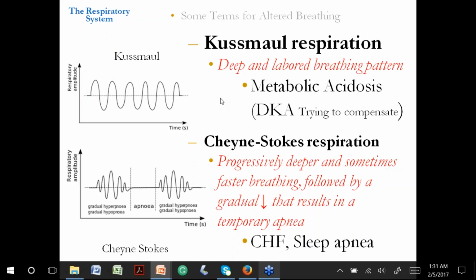Metabolic acidosis. Okay, so with metabolic acidosis, you are trying to sweep out all the carbon dioxide to compensate. If you remember, I will tell you, when you have more carbon dioxide in blood, you have more hydrogens, right? More CO2, more hydrogens. The opposite: if you have less carbon dioxide, less hydrogens. So in diabetic ketoacidosis, we have an excess of hydrogens.